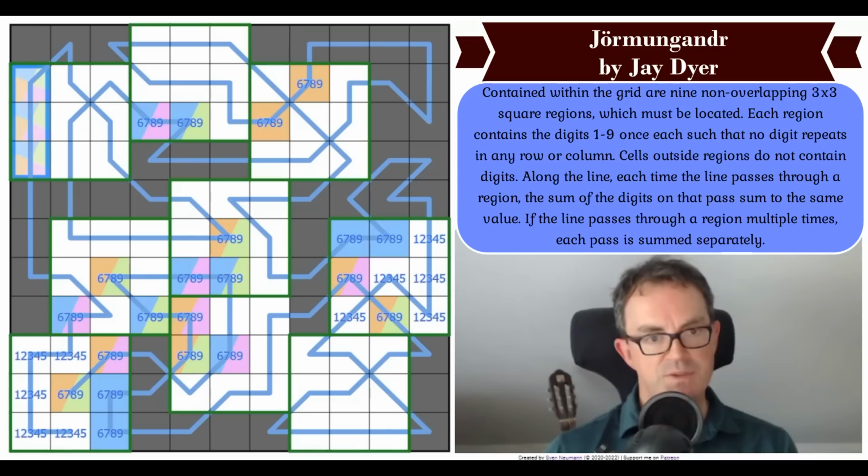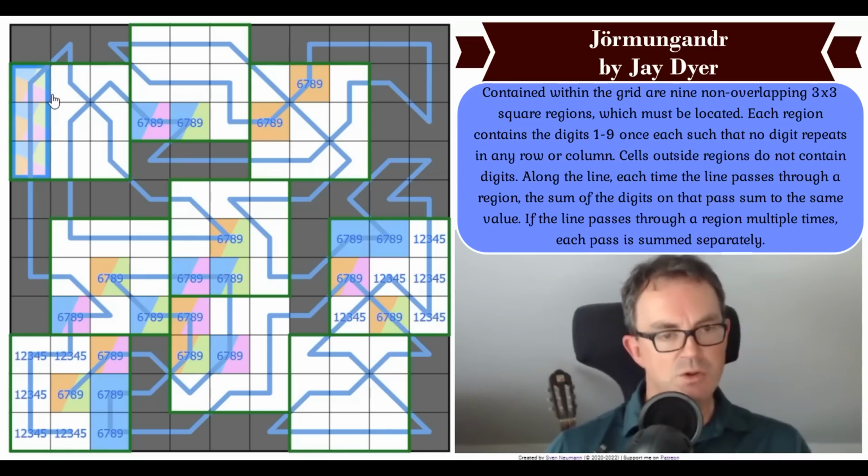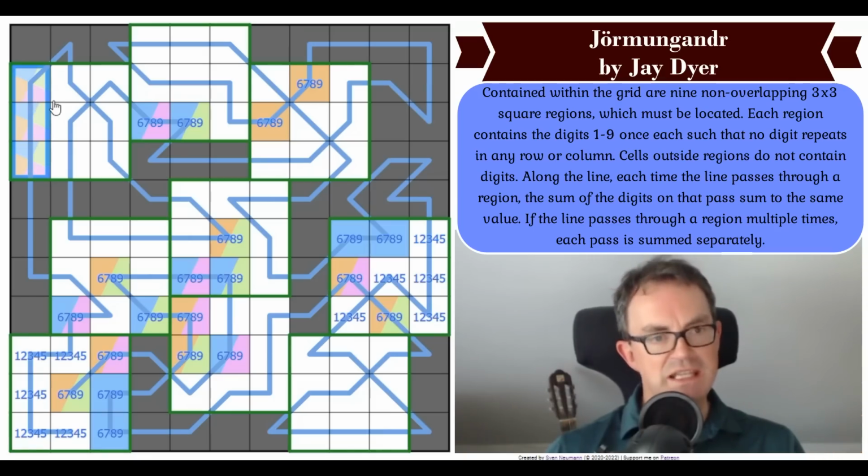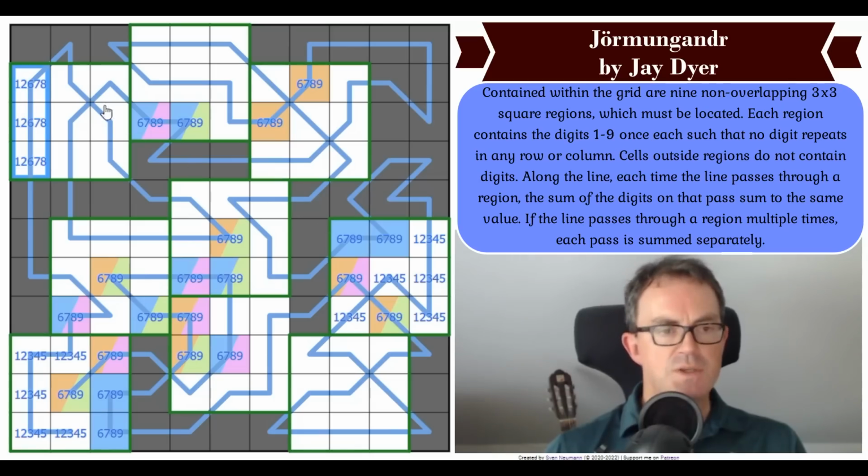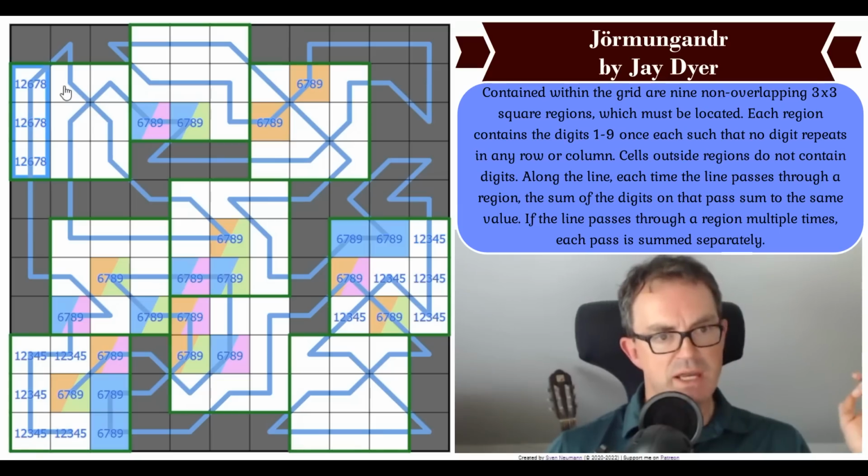This is completely absurd pencil marking, but because there is a blue-purple and an orange-green up here, that means that this line contains at least the digits 6 and 7 as a minimum. So this is either 6, 7, 2 or 6, 1, 8. So that's telling us that it has a 6 on it.